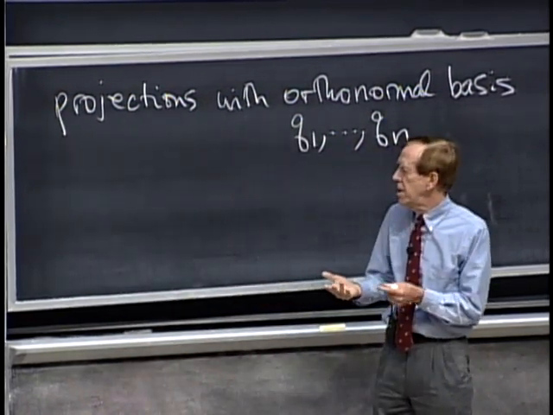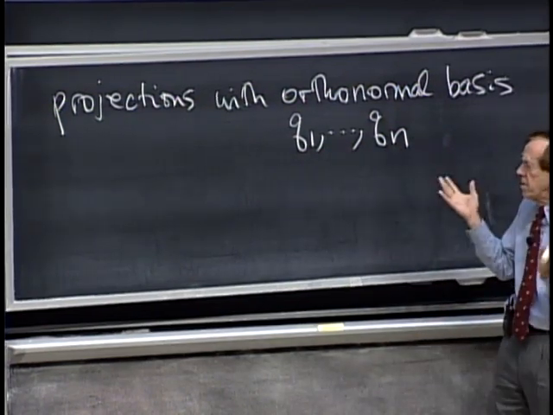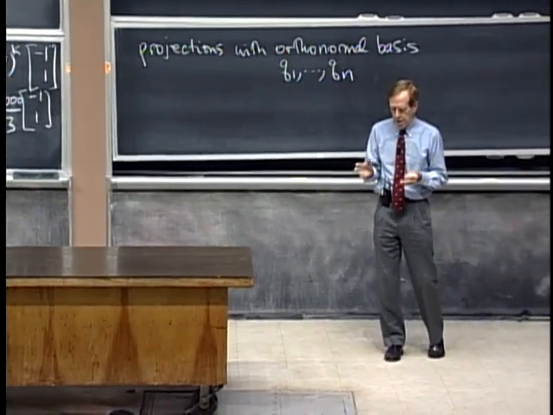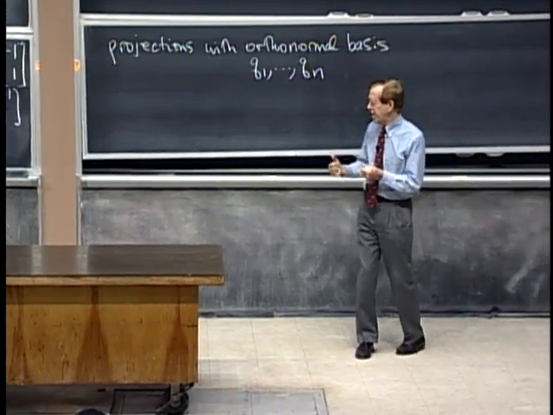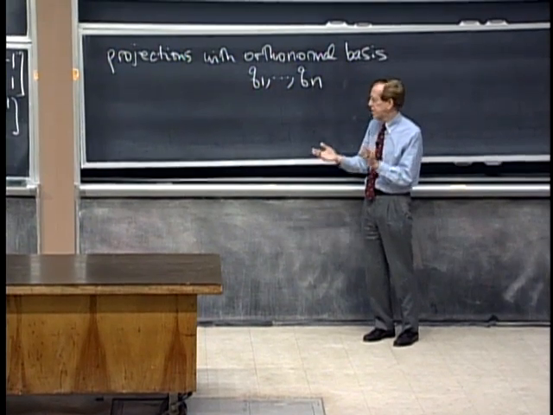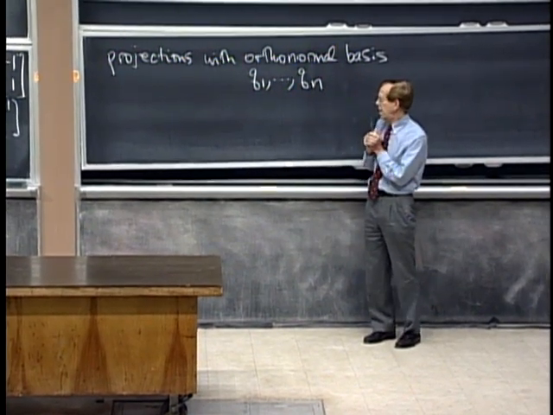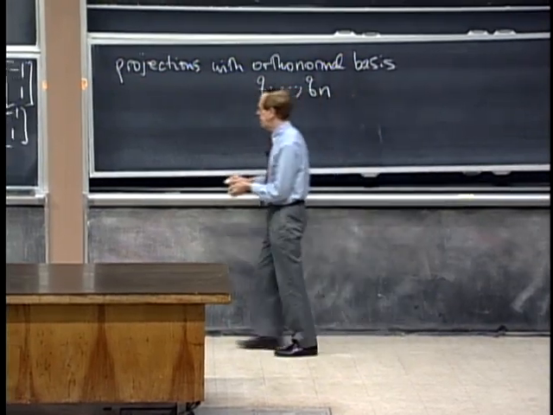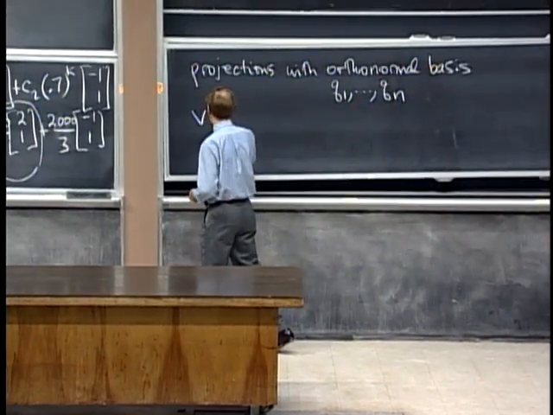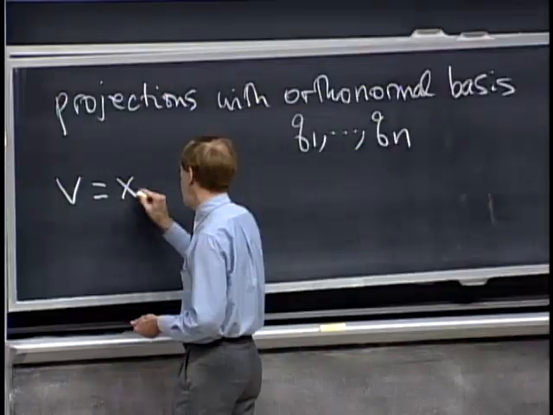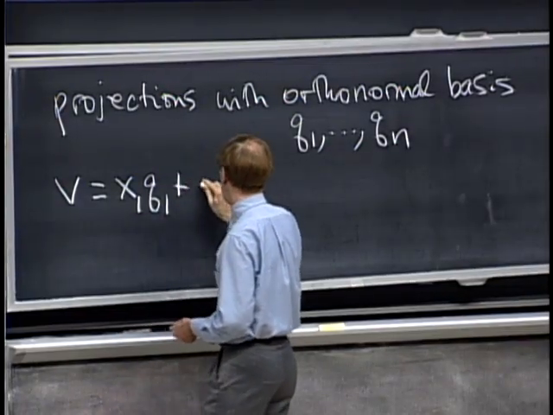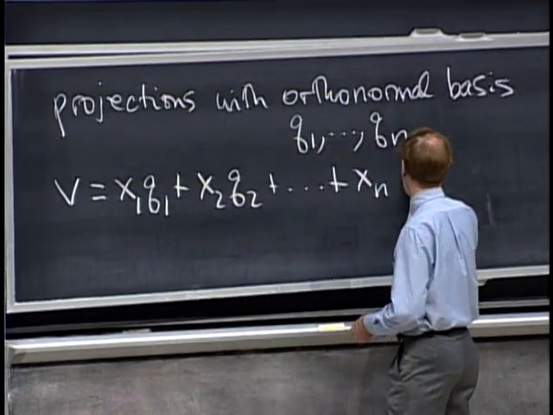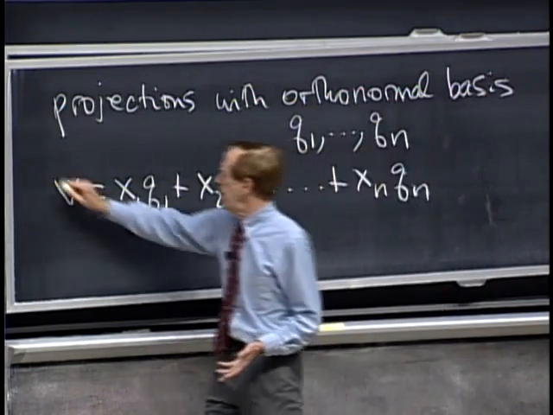Let's say I'm in n by n, so I've got n orthonormal vectors. I'm in n-dimensional space, so they're a basis. Any vector v could be expanded in this basis. So any vector v is some amount of q1 plus some amount of q2 plus some amount of qn. So any v.